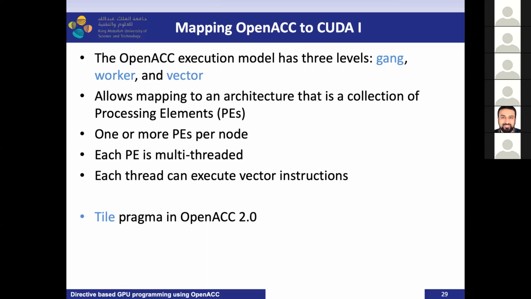On a CPU, we can map the gangs to a CPU socket. You can have a multi-socket system, typically 2 in typical servers today. Workers to the cores, and vectors to the vectorization within the core, which is the single instruction multiple data. So in the case of an Intel processor, you have 512-bit SIMD instructions, where you can have up to 8 64-bit operations.